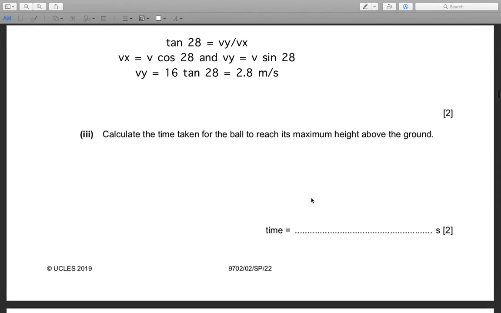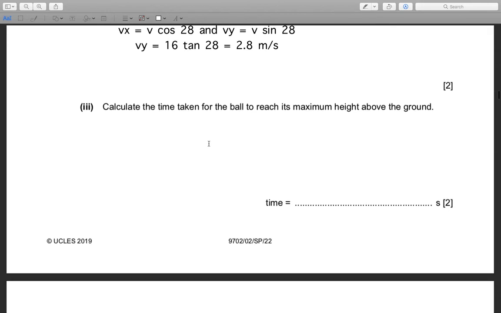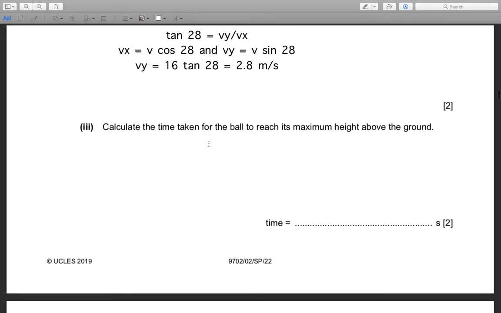Question III: calculate the time taken for the ball to reach maximum height above the ground. We can use the equation v equals v0, the initial velocity, plus at.